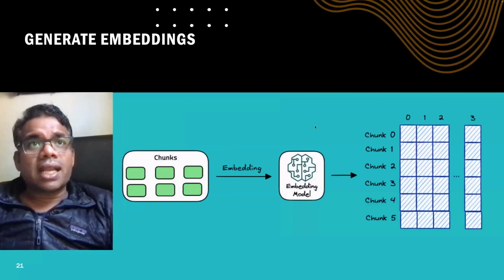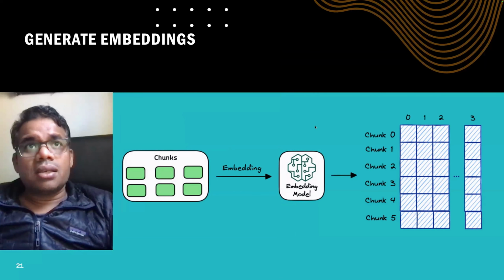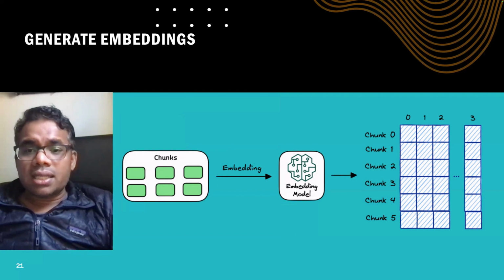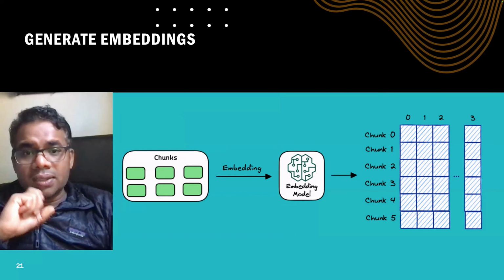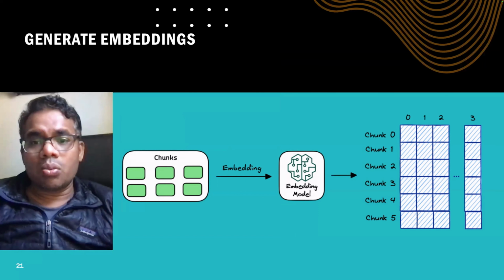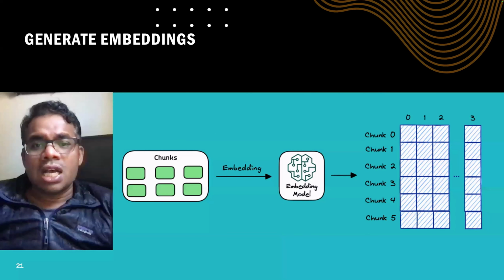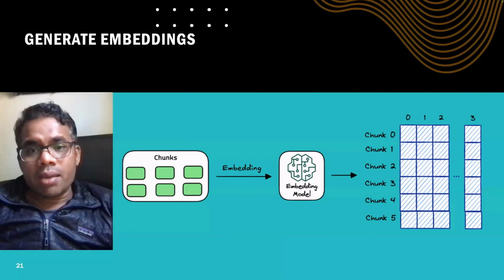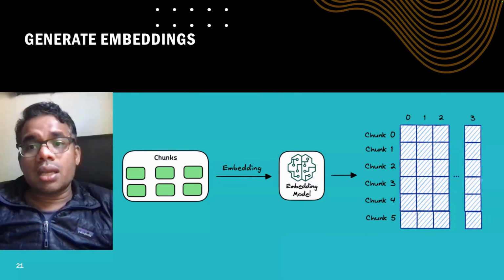So the second step is to generate embeddings from the chunks, right? What exactly does this step do? After chunking, we embed the chunks using an embedding model.